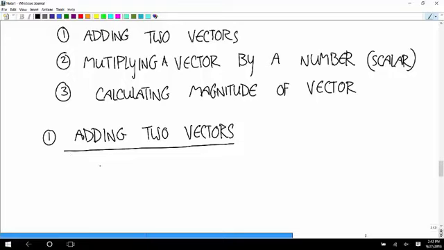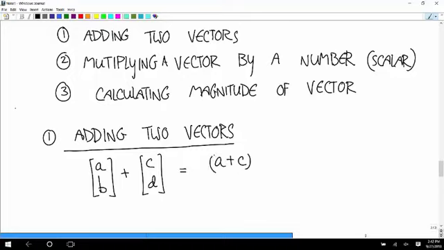So if you're adding one vector that has components A, B to another vector that has components C, D, the sum of those two vectors has an x component that's equal to the sum of the x components and a y component that's equal to the sum of the y components.